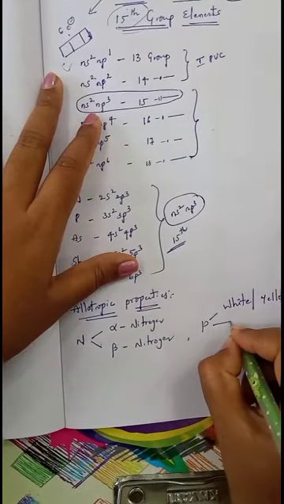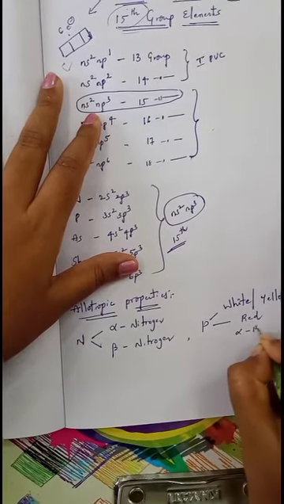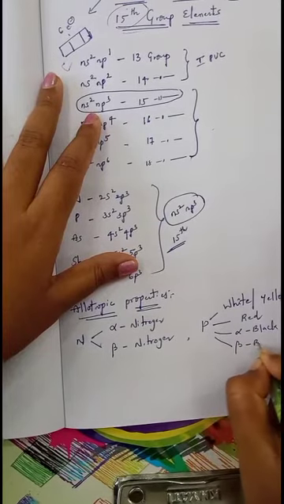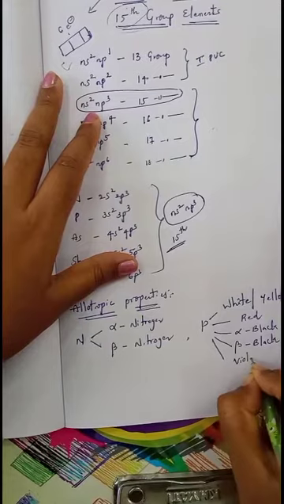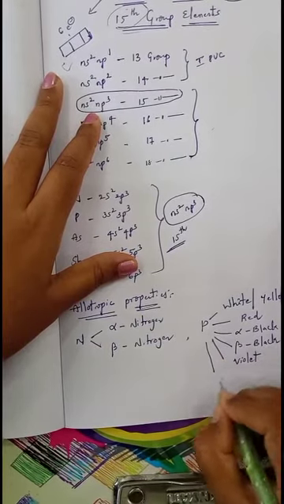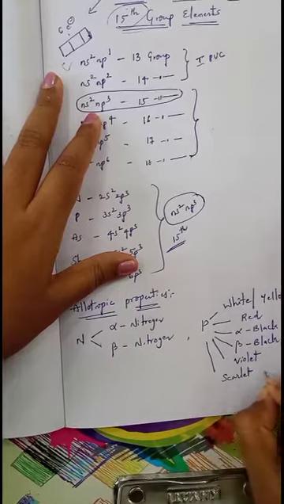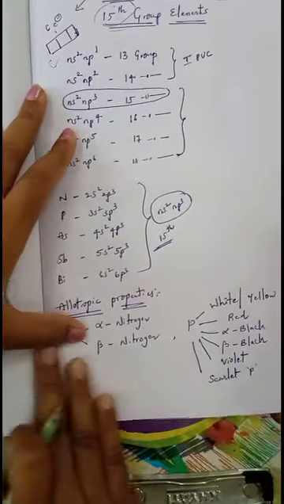The second one is red phosphorus. Next, alpha black phosphorus and beta black phosphorus. Another one is violet phosphorus, and the next one is scarlet phosphorus. These are the different allotropic forms of phosphorus.